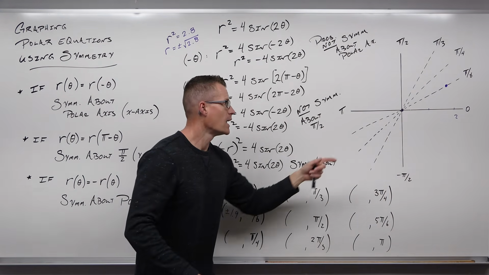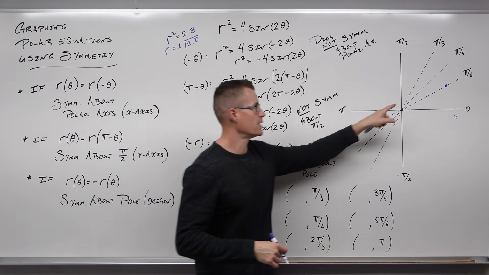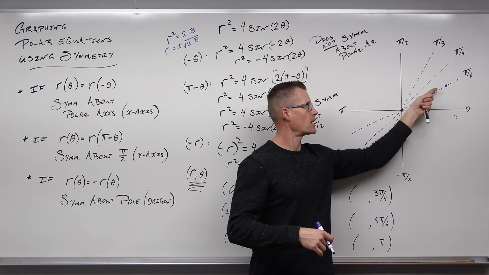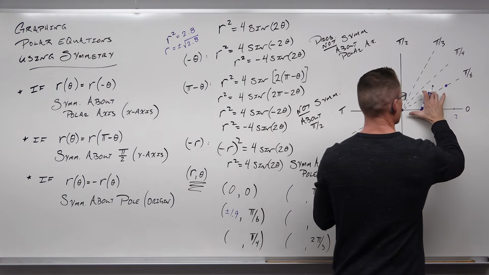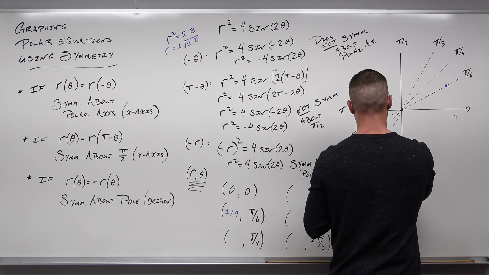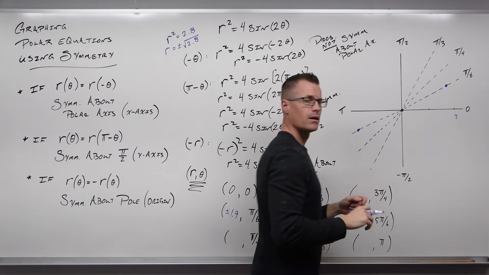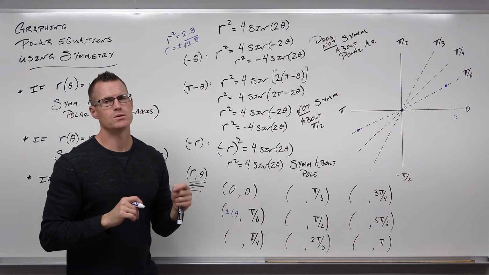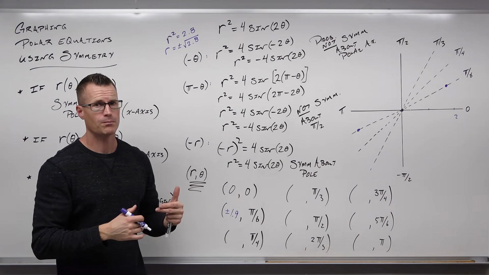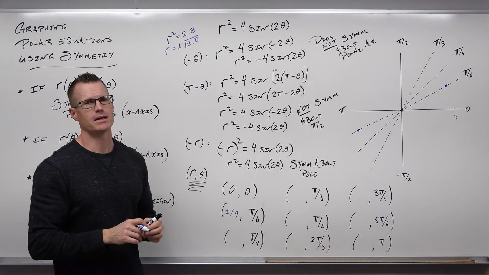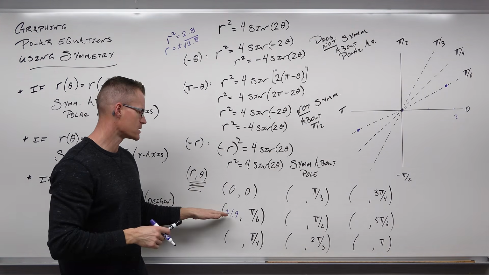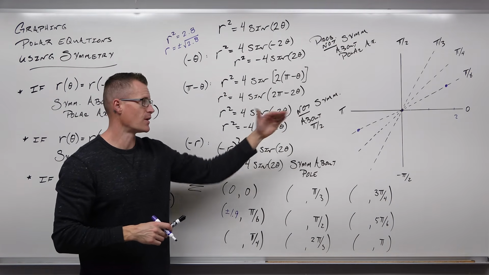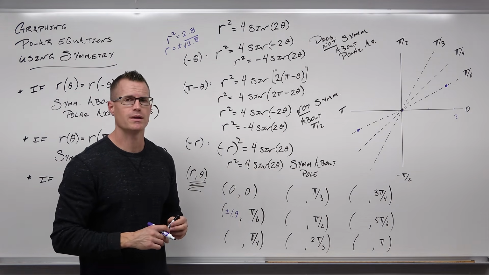There's about 1.9 and negative 1.9. That right there is what gives you symmetry about the pole, because you go both positively and negatively. Could you have just found the positive and counted on symmetry to find the negative? Yes, you totally could have done that as well.